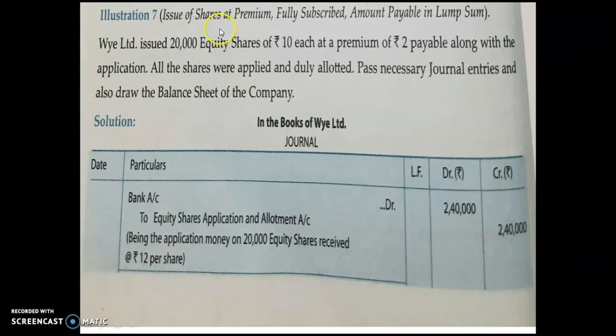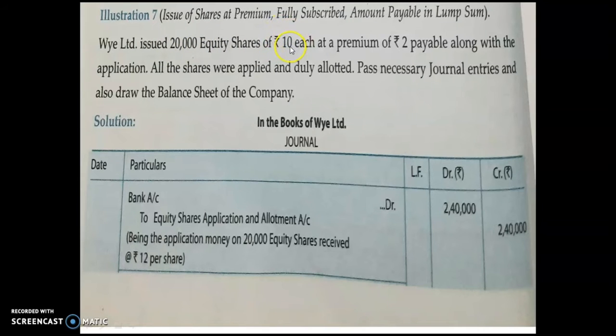Now let us move to one of the problems in which we will discuss the issue of shares at premium, which has to be payable in lump sum. Here is the problem. Y Limited issued 20,000 equity shares of rupees 10 each. So they are issuing 20,000 shares, and what is the price of one share?